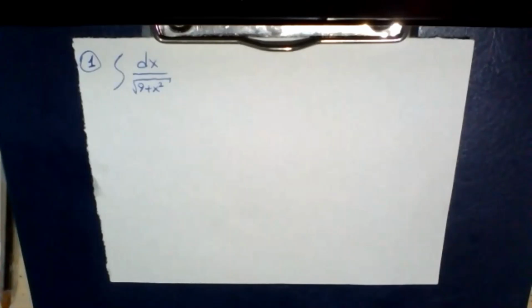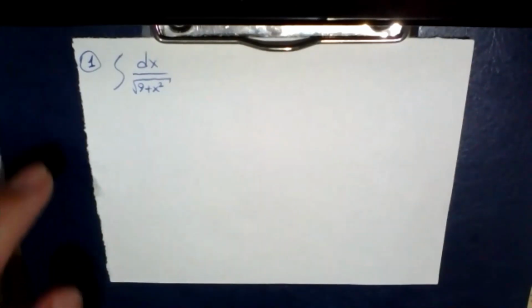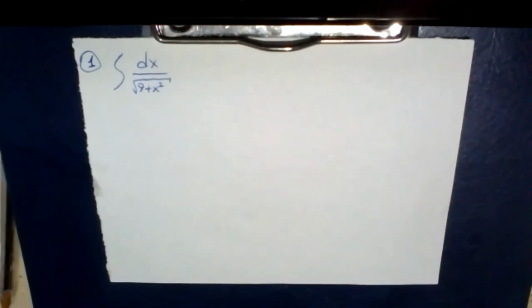What was our first stage? Choosing suitable substitution. If you want, you can pause the video at any stage of the question, and it will be better for you. Try to solve it for yourself, and then you can continue watching.